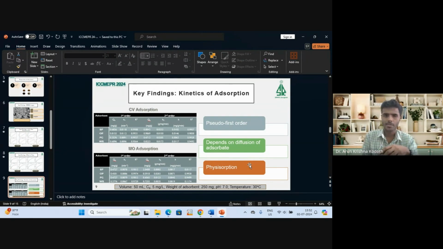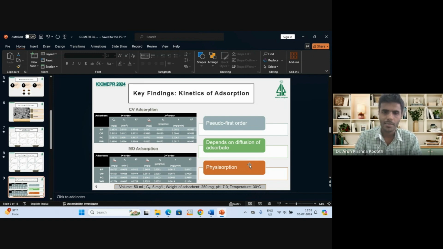The maximum dye adsorption values obtained are almost 0.68 milligram per gram for banana peel, around 0.8 for orange peel, nearly 0.4 for pomegranate peel, and around 0.7 for watermelon rind, of crystal violet from a solution of 50 ppm concentration.